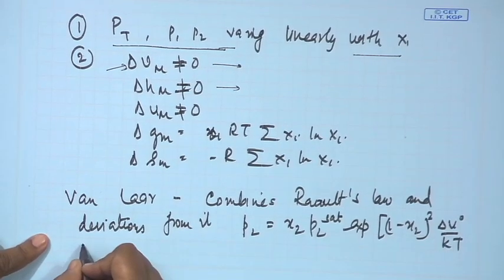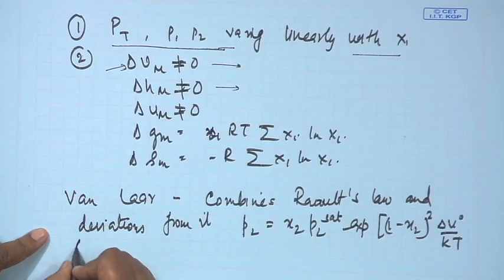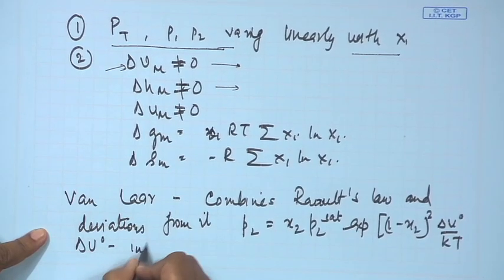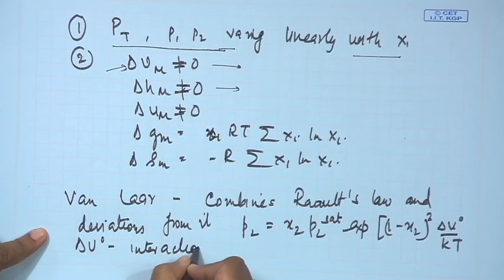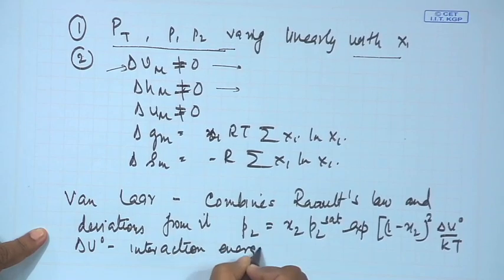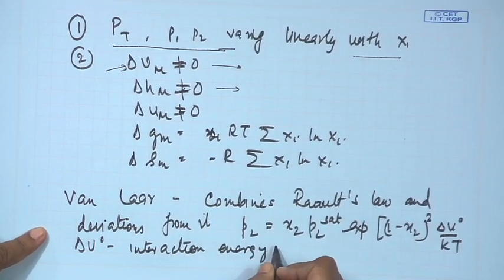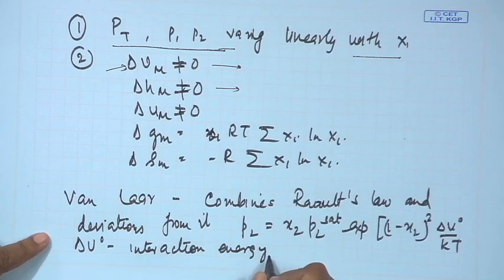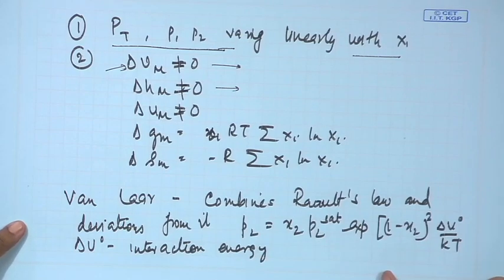What is delta U0 equal to? Delta U0 is the interaction energy, which takes into account the differences in nature of the interaction of like and unlike molecules, right.